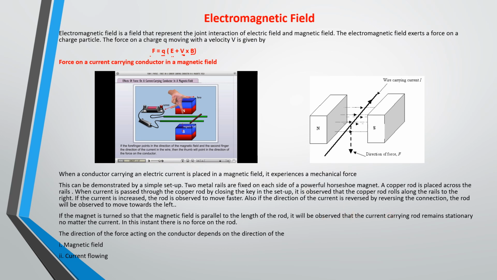Don't forget that, aside from this equation, there's an equation that we have derived, that the force on a current carrying conductor in a magnetic field is also given by QVB times sine theta.